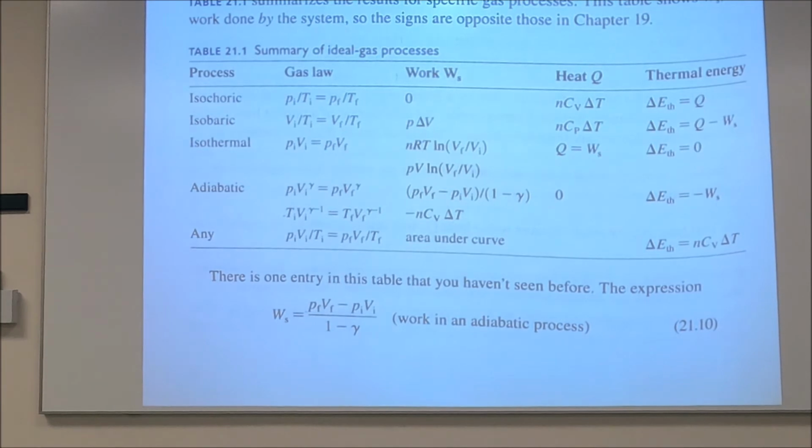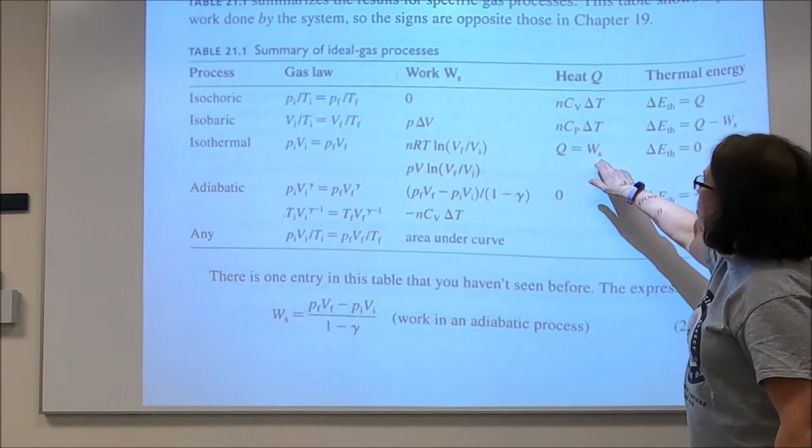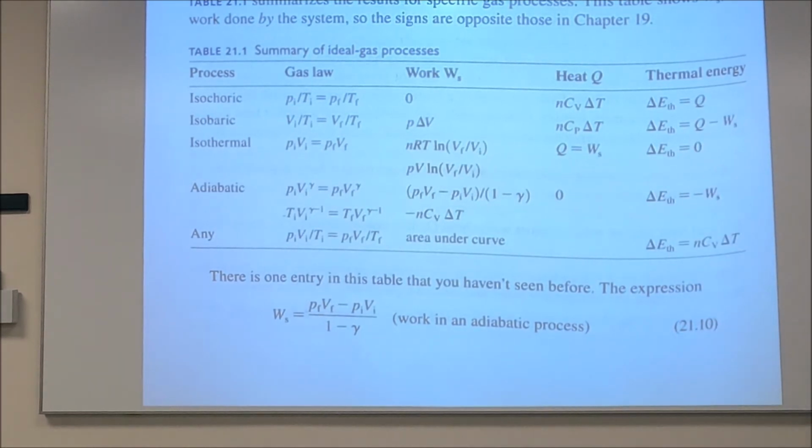So Q was positive on B, and the change in thermal energy is going to be positive on B. Now, C was isothermal, so Q is going to equal W_s. So our Q there is negative.